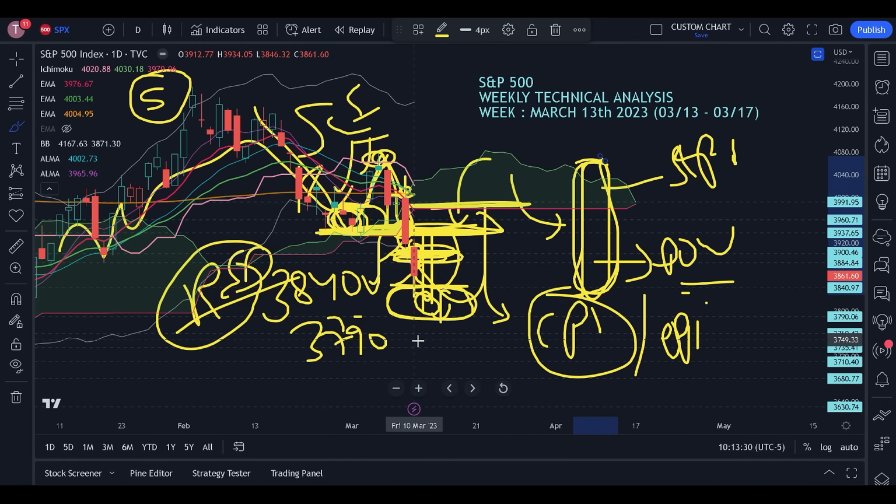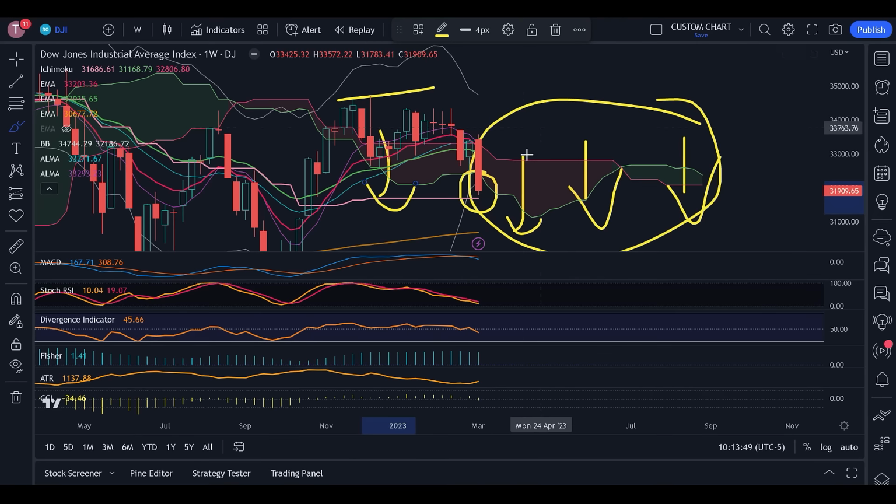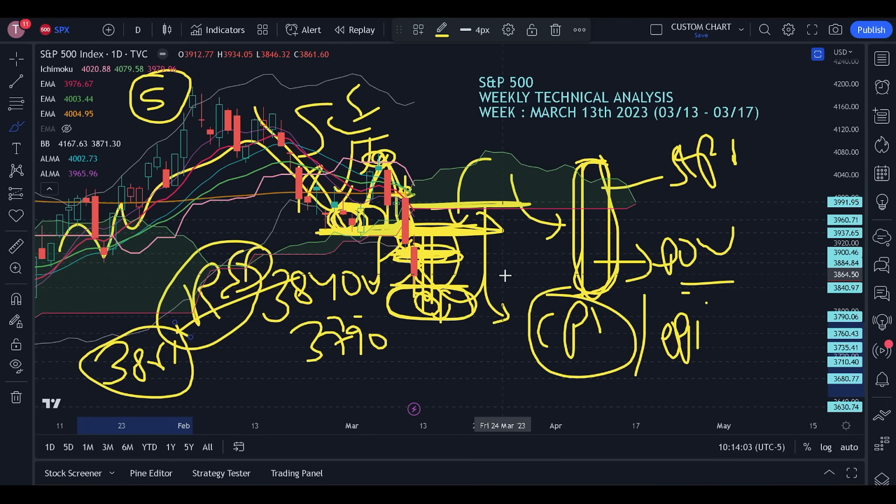By Friday, 17th of March 2023, the S&P 500 must close below 3861. Then only we will see a red candle. For the Dow Jones, on Friday, 17th of March 2023, it must close below 31,909. Then only a red candle will be formed.